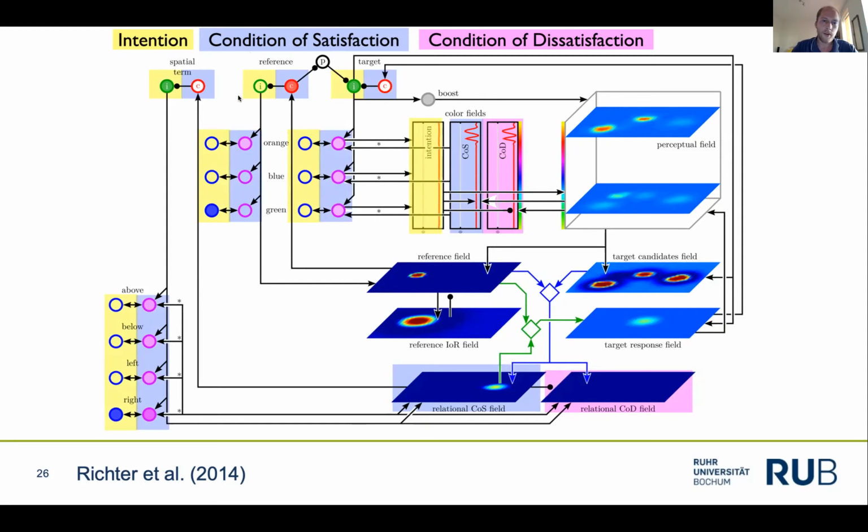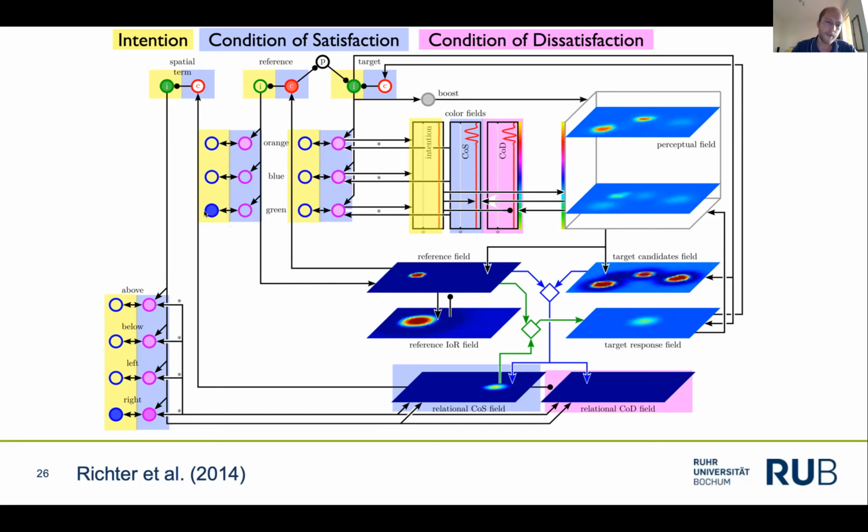The reference process serves the purpose of finding the reference object, and it achieves this by 2 projections. The intention node first just provides boost input to the reference field, thereby enabling it to form a peak. It also provides boost input into the color production nodes for the reference object.